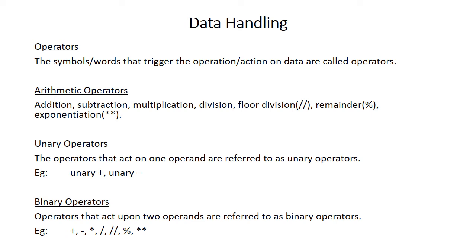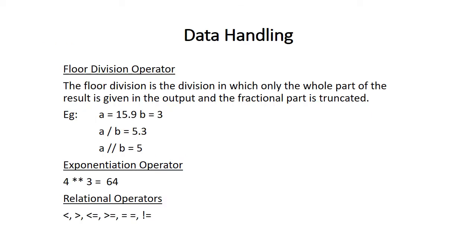The operators that act on one operand are referred to as unary operators. Examples are unary plus and unary minus. Binary operators. Operators that act upon two operands are referred to as binary operators. Examples are plus, minus, multiplication, division, etc.